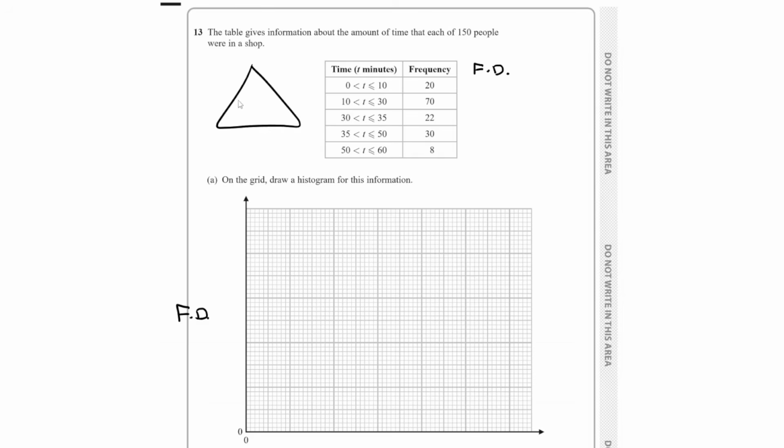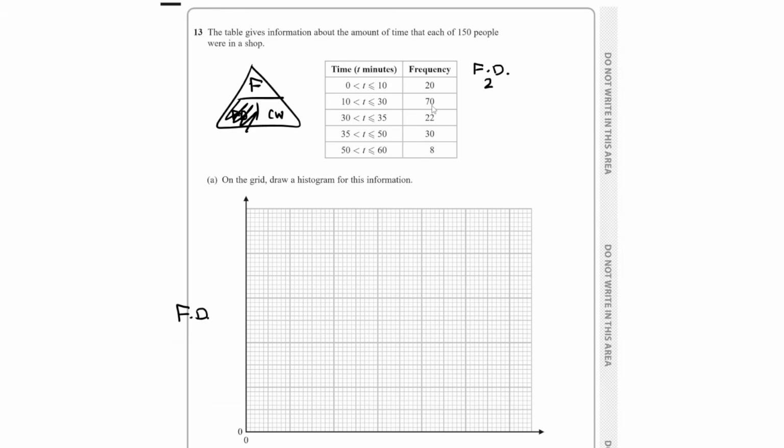So for histograms, this is the formula triangle, frequency at the top, frequency density and class width at the bottom. We're trying to find out the frequency density. So can you see how it's frequency, which is this column, divided by the class width, which is the left-hand column. So for the first one, I have to do 20 divided by 10 because the width is 10. 20 divided by 10 is obviously 2.